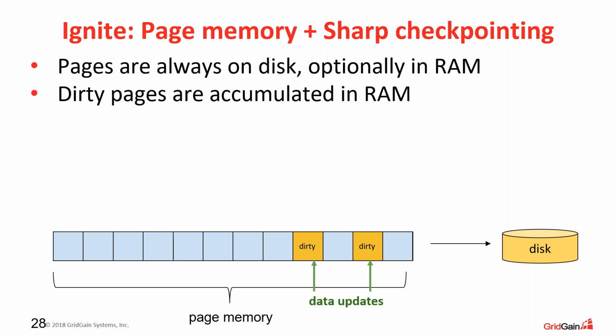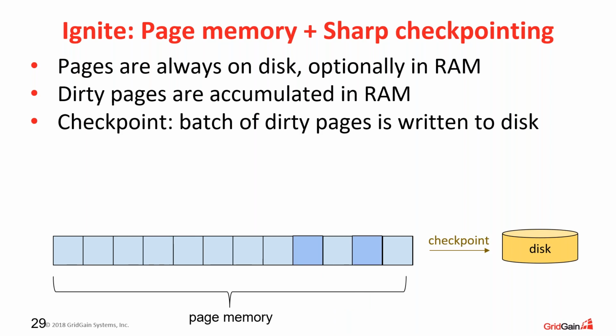And when amount of dirty pages gets really high or there is a timeout, we just write all dirty pages to the disk in batch mode. Writing in batch mode is way more efficient than writing pages one by one. And this process is called checkpoint. Checkpoint is writing a batch of dirty pages to the disk.